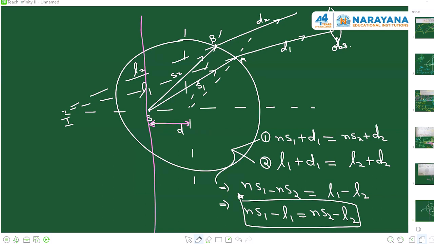And when you write this equation for continuous points which are differentially scattered, this thing is possible. Indirectly, what we are trying to say is nS at different points minus L at those points, that term is behaving like a constant. That constant is not possible for consecutive points or continuous spectra until and unless that constant becomes equal to 0. Otherwise, it cannot be constant.